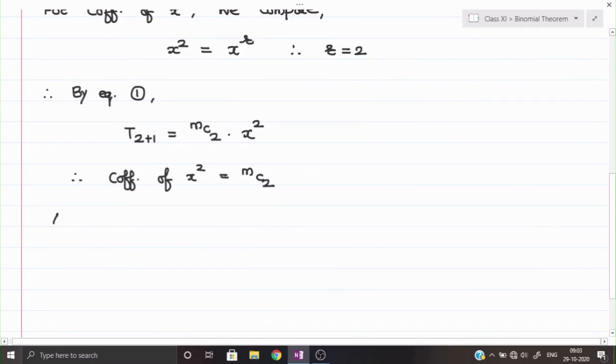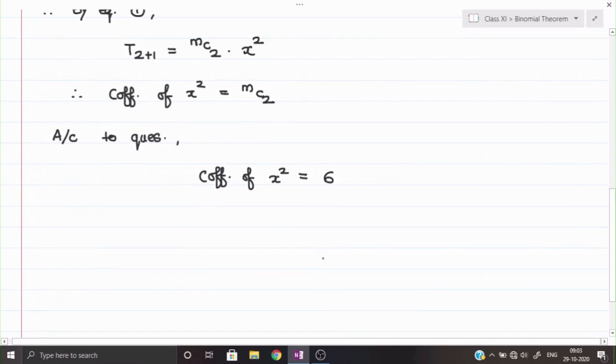So according to the question, the coefficient of x square is given here as 6. So if I put the value of mC2 that we got here, we can say that therefore mC2 is equal to 6.